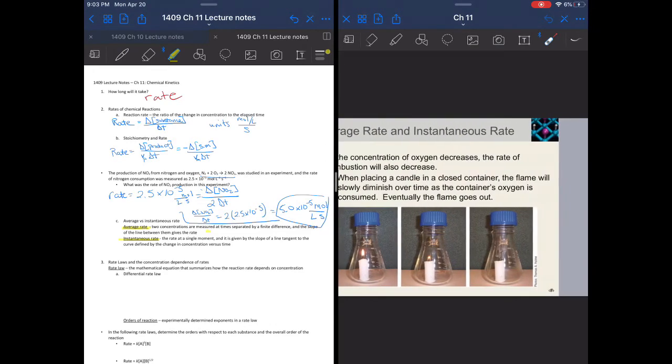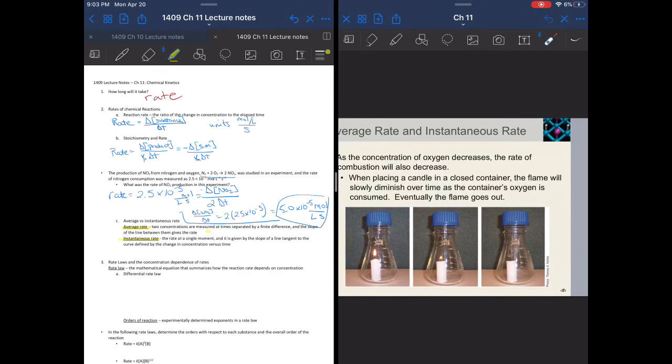So think about this example here. If you've got a candle burning in a jar and you put a cap on it, that candle is eventually going to go out, but it is not going to shine this bright and then all of a sudden go out.